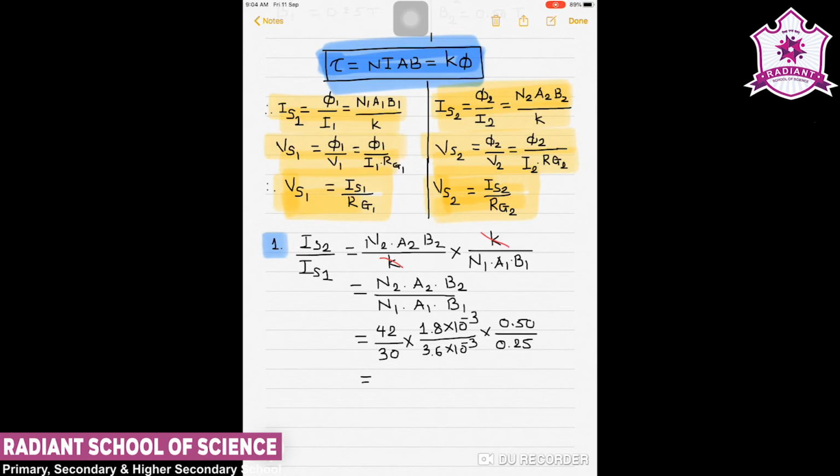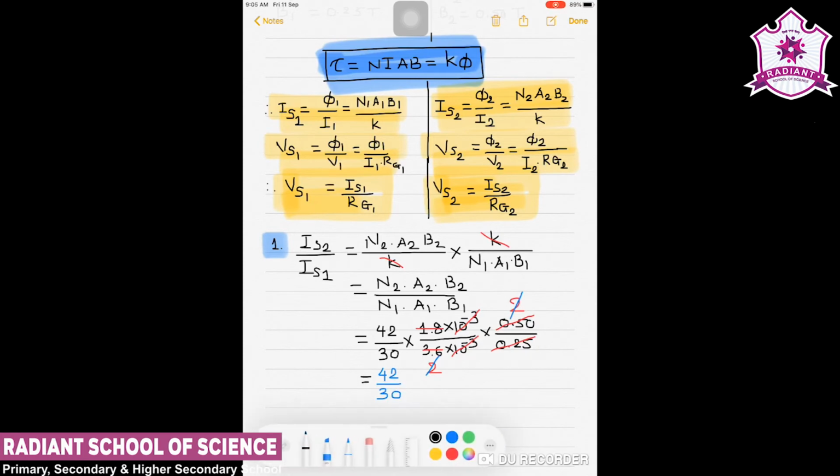It is very easy to calculate over here. We can calculate that 0.5 over 0.25 will be 2. Here this 10 to the power minus 3 and 10 to the power minus 3 will cancel out. Here this is 1.8 and this is 3.6, that will be 2. So these 2 will cancel out each other, and ultimately we have 42 upon 30.